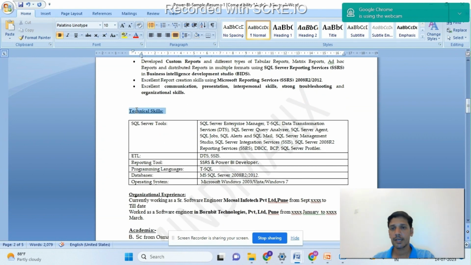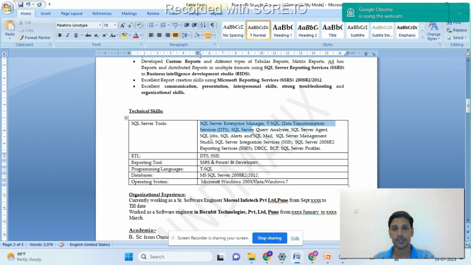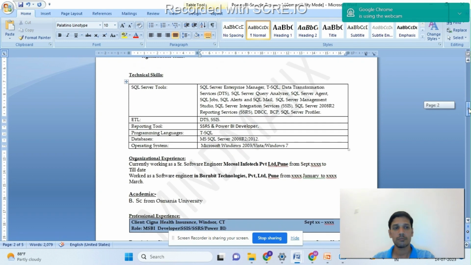If you see the technical skills, he has mentioned SQL Server, Enterprise Manager, TSQL, data transformation. This is all related to the data analyst role. And if you also mention these technical skills, the chance of getting the interview call will be on the higher side.